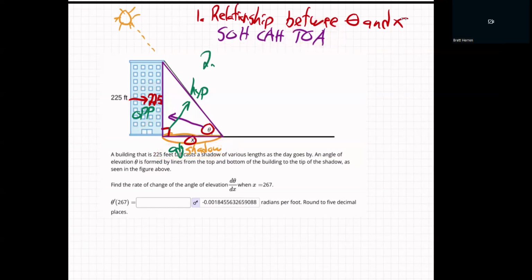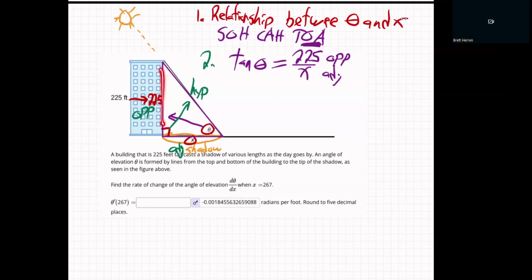So step two, that means tangent of that angle theta, remember this from trig, is going to be 225 over x. That's opposite over adjacent. The tangent says opposite over adjacent. That's the meaning of SOHCAHTOA.